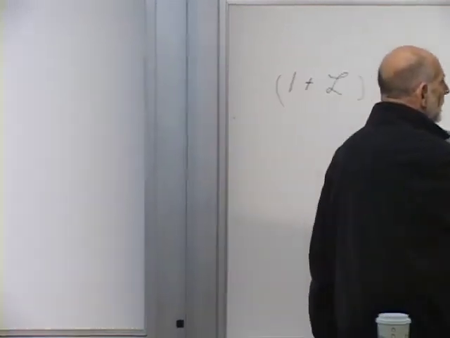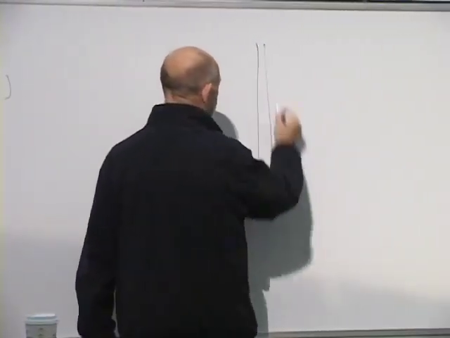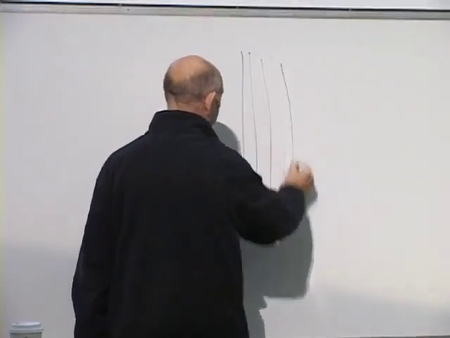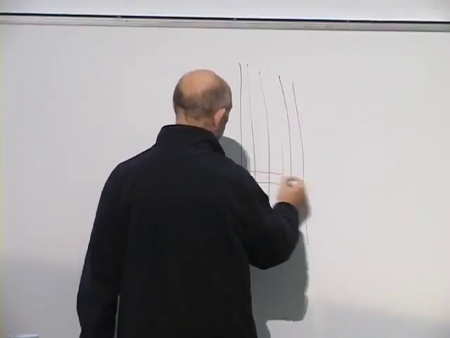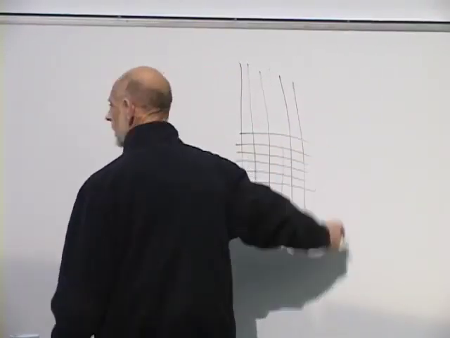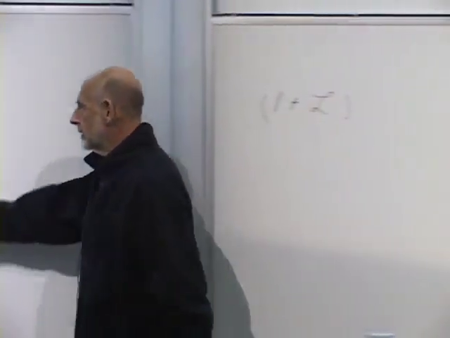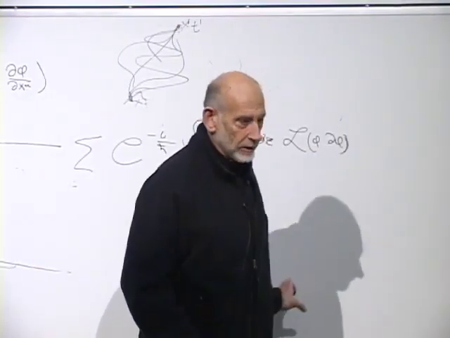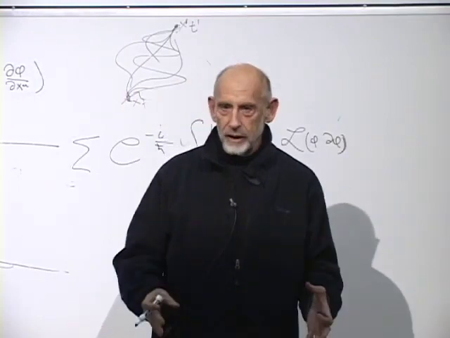Remember what we did. We said, let's divide up space-time into lots of little cells. It's hard to give meaning to objects like this path integral directly.